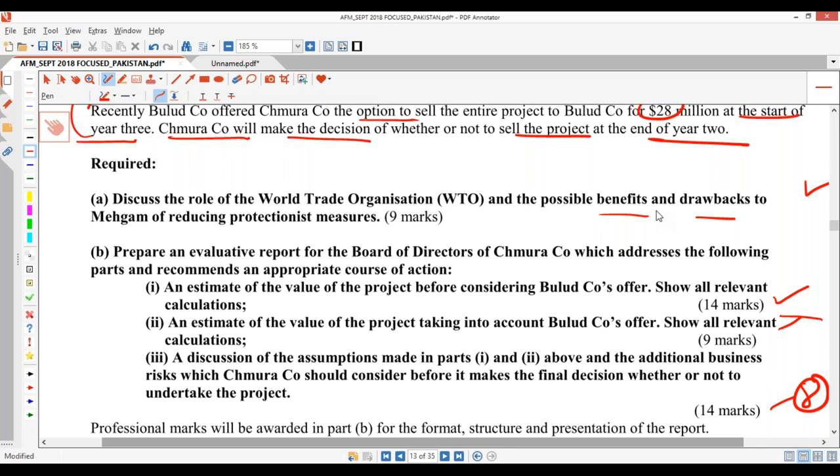The disadvantages, you can probably say that it could harm your industry, especially if you still have an infant industry, or some industry that needs protection, or any industries that are already declining now, which is going to be politically not right for politicians, because it's going to create shutdowns and unemployment.